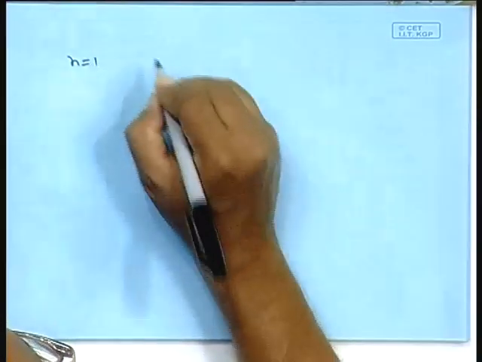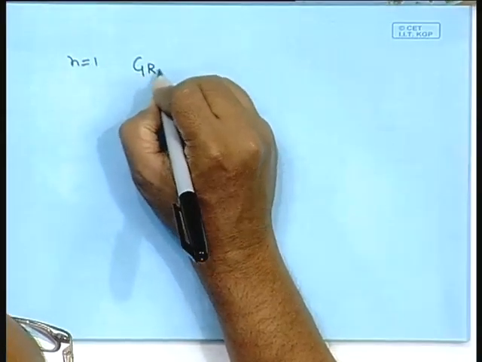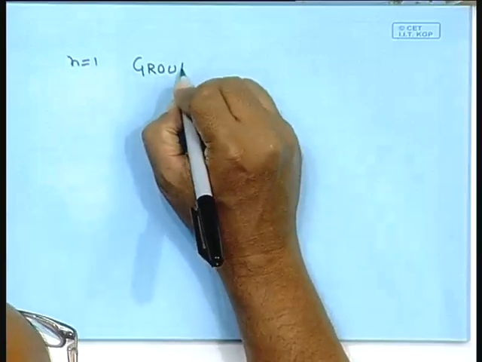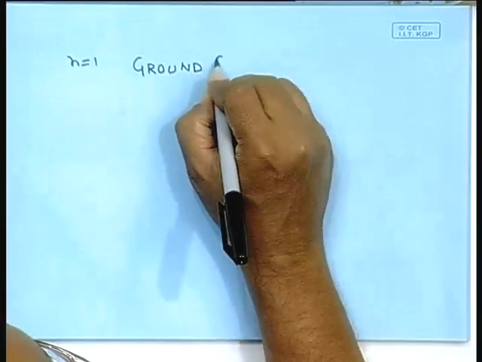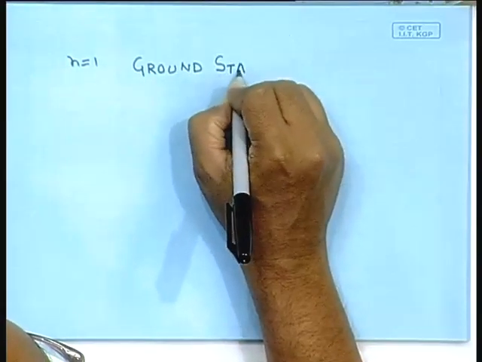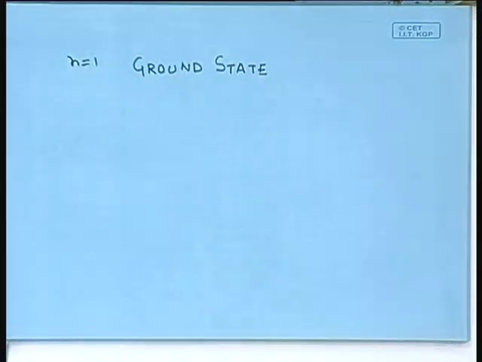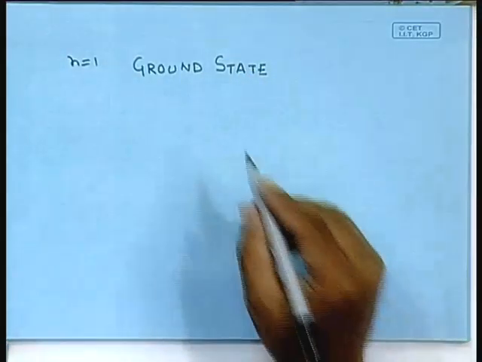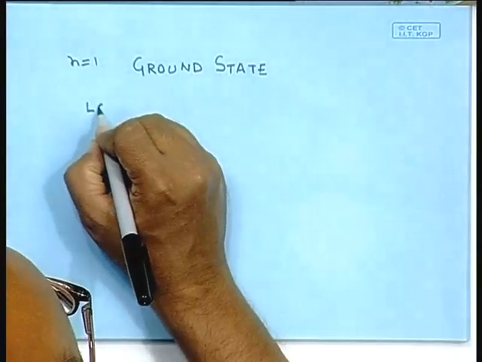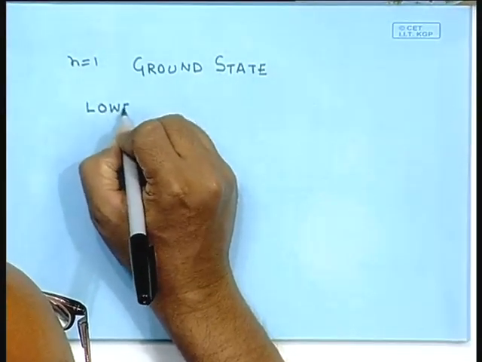This is called the ground state of the particle, or the lowest energy level which the particle can have.